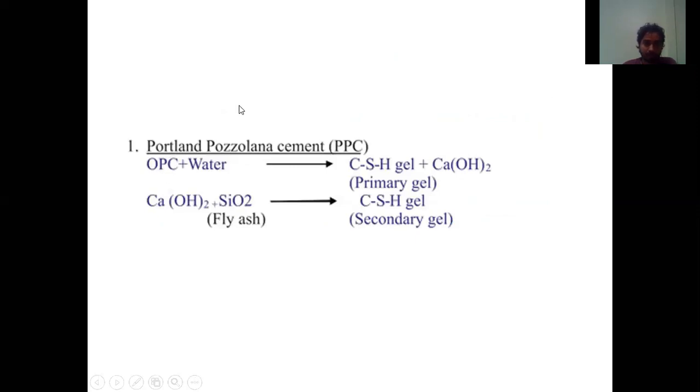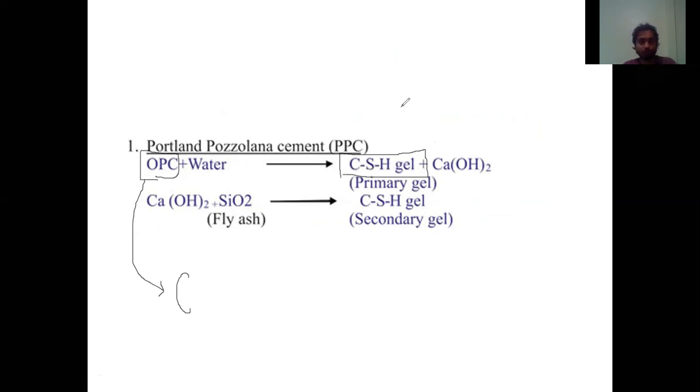See here, OPC. This OPC is nothing but cement. When cement reacts with water, what do we get? We get two things. First is the CSH gel. What is the CSH gel? CSH gel is nothing but calcium silicate hydrate gel.